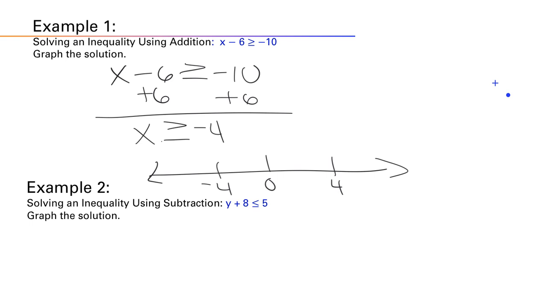By looking at this, I'm going to start graphing. I locate my negative 4, right? Then my negative 4 is right here. Then I look at what? Is it going to be an open circle or a closed circle? It's going to be closed. And now my third step, am I going to shade to the right or to the left?